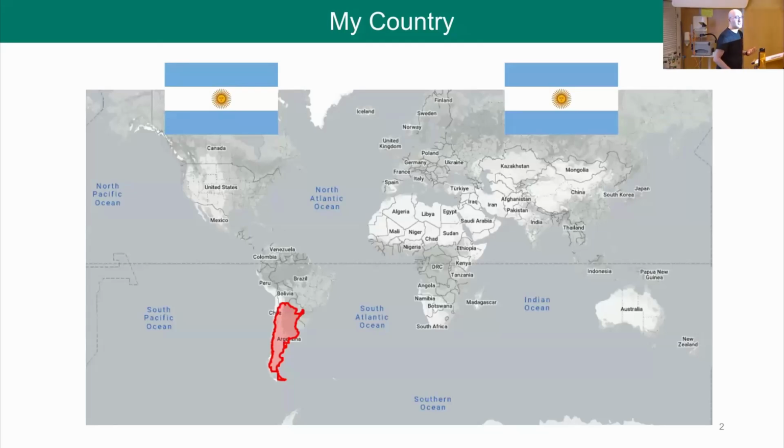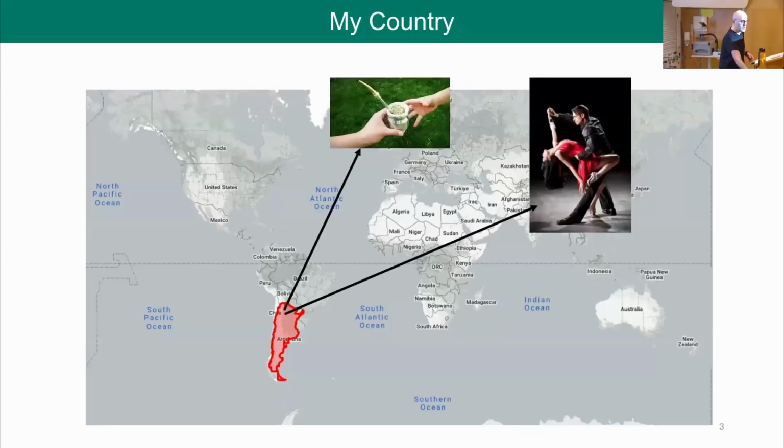And if you have the chance ever to travel abroad and you can resist the travel flight of 14, 15 hours from here, you will be amazed by all the cultural things we have, a lot of dancing. This is tango dancing, which is really famous.